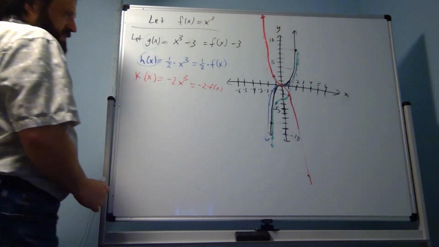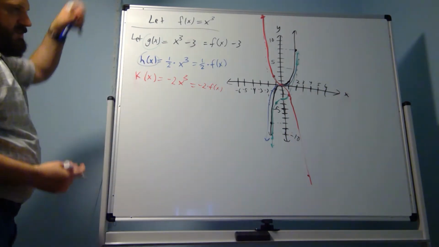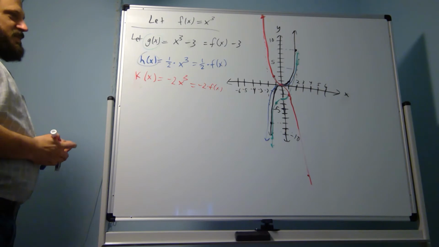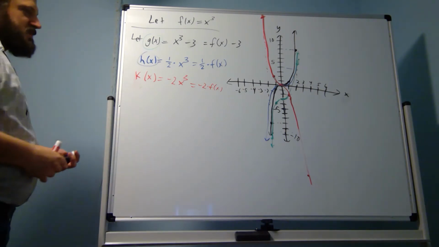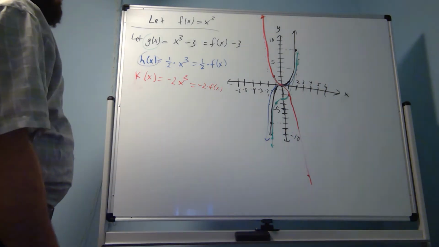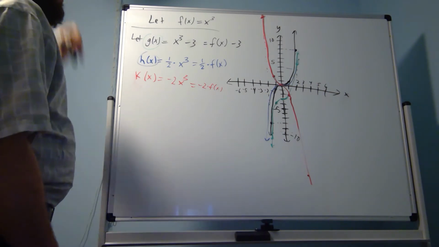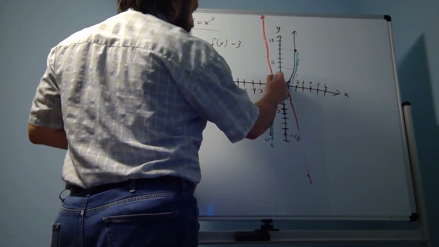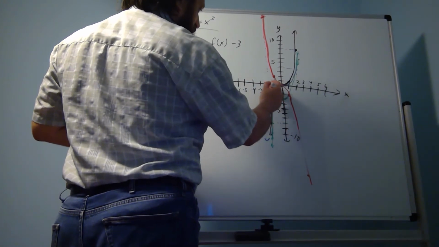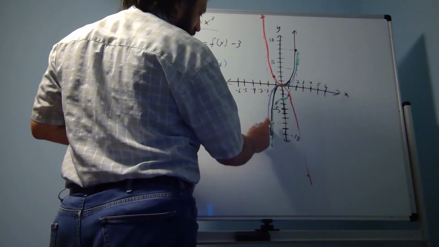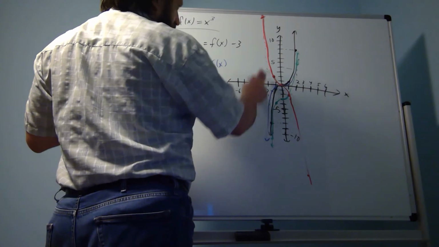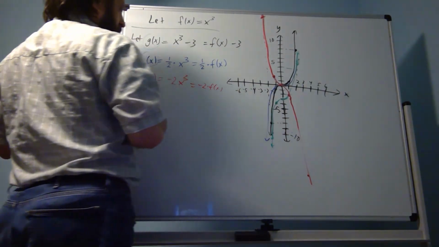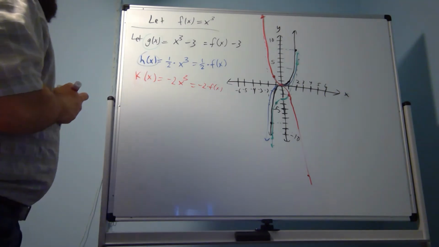X cubed is very tall, and then negative twice x cubed is flipped vertically, and it's twice as tall for the same x value. So here we're at -1, but here we're at +2. Here we plug in -2. The original function is -8, but then k of x is +16.